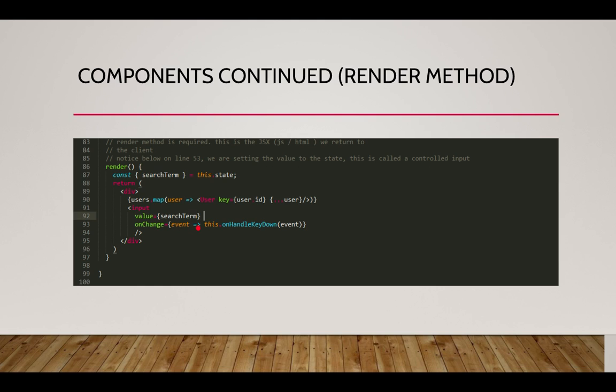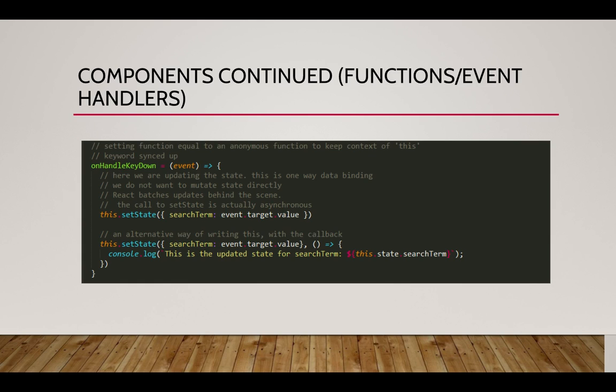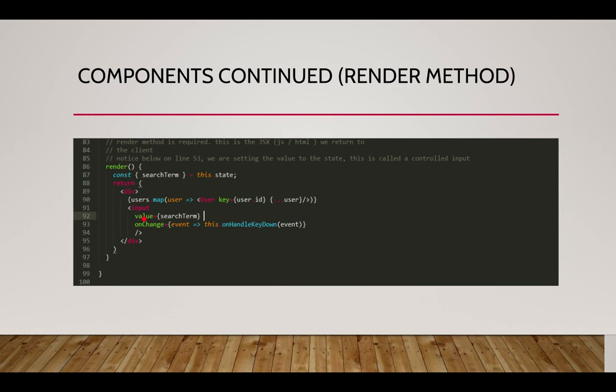We're not going to let any input in here anytime something like this happens. We're subscribing to this method and this methodology to handle updates, as opposed to an uncontrolled component where anyone can type in anything, and the value of searchTerm is less predictable.